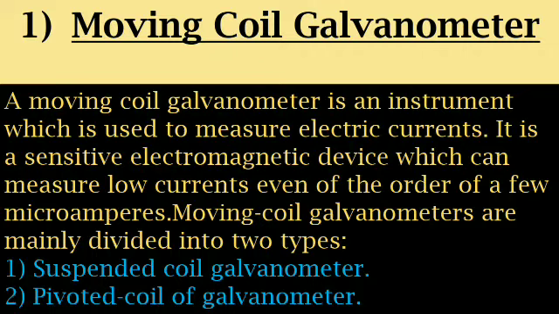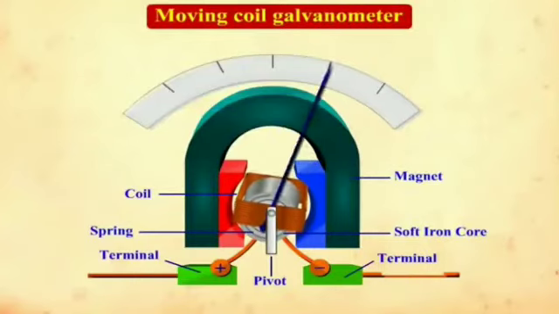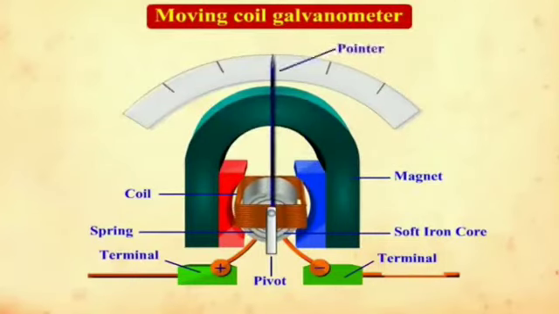Moving coil galvanometers are mainly divided into two types: number 1, suspended coil galvanometer, and number 2, pivoted coil galvanometer. A moving coil galvanometer works on the principle that a current carrying coil placed in a magnetic field experiences a torque.